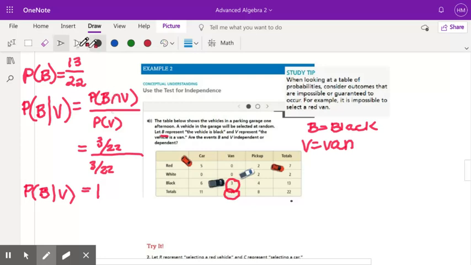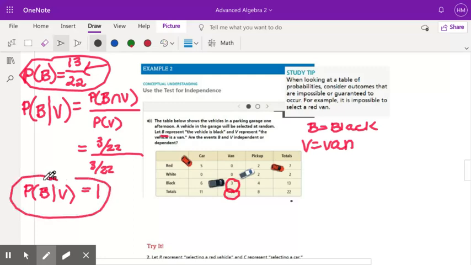Now that's not the same as the probability of choosing a black vehicle. Because these numbers are different, these events are dependent. Knowing the probability of one thing can give you clues about the probability of the other thing. So these events are dependent.